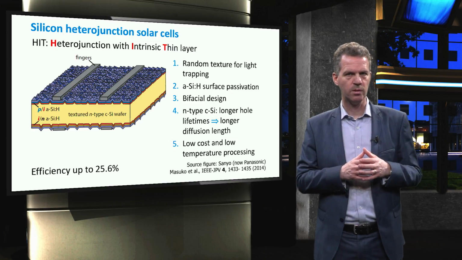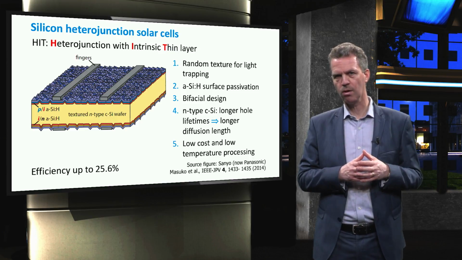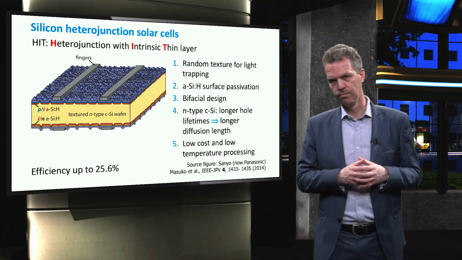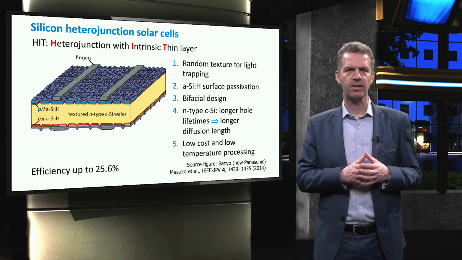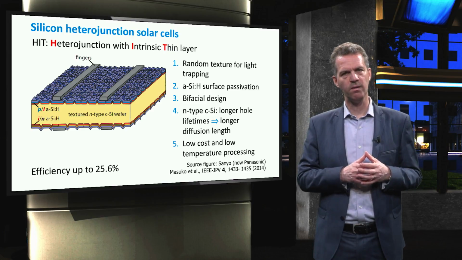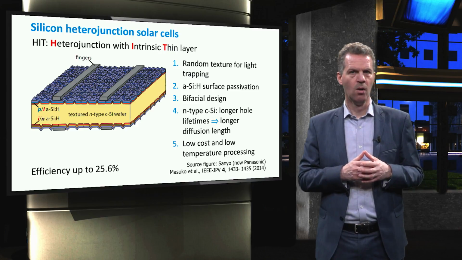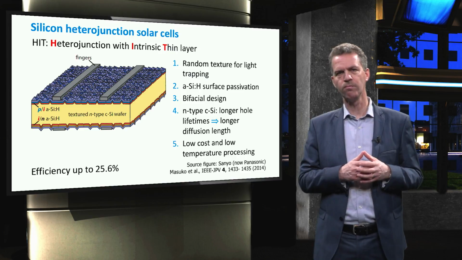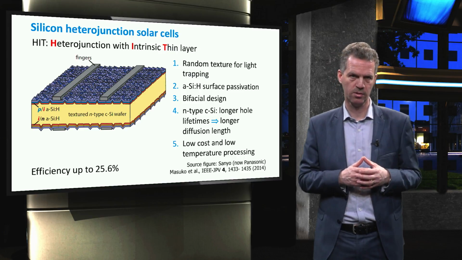As already mentioned, most of the cell's layers are deposited using plasma-enhanced chemical vapor deposition, which will be discussed in another video. The most important advantage of this deposition technique is that the layers can be processed at relatively low temperatures of around 200 degrees Celsius, much lower than the 800 degrees Celsius used for the diffusion processes to make doped regions in standard crystalline silicon solar cells.